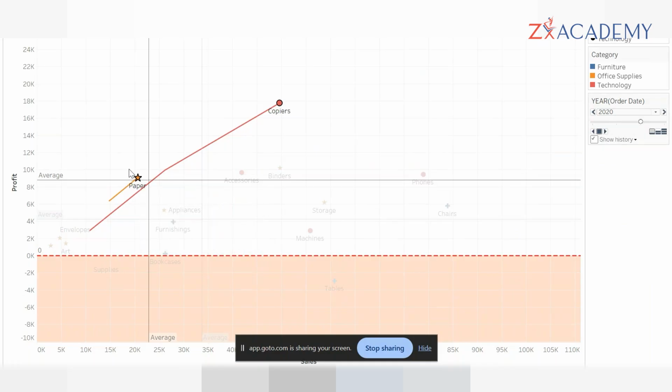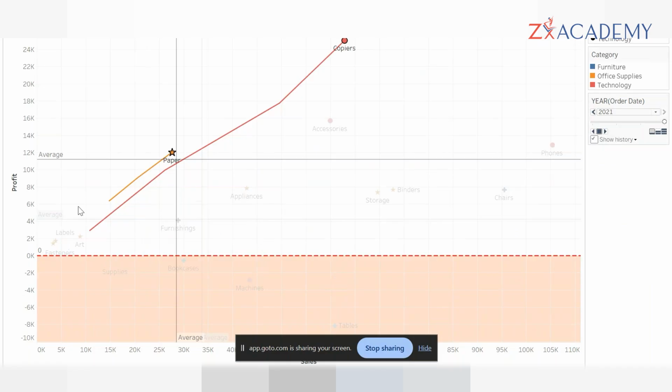It is growing in both sales and profit, but the amount of growth is very low compared to the copiers. The way the copiers have progressed is really amazing, and papers are not even half of that. But it is increasing in sales and profit year on year.